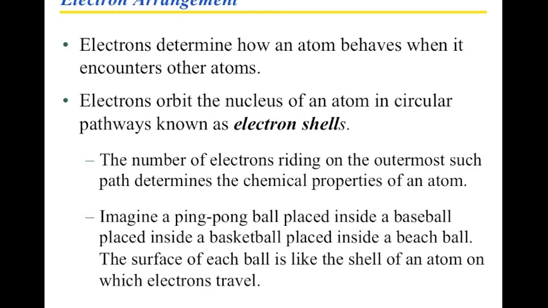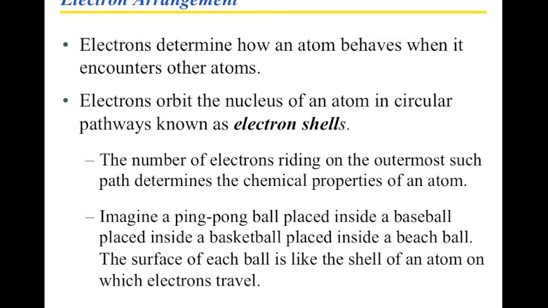Now imagine, just to make this a more straightforward concept, a ping pong ball. The ping pong ball is symbolic of the nucleus of this atom, and perhaps there are three protons in it and three neutrons, or maybe six protons and six neutrons.